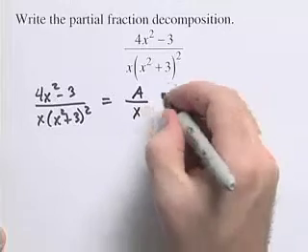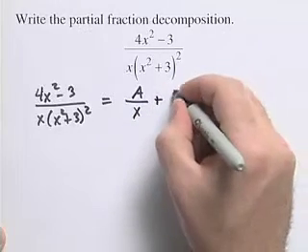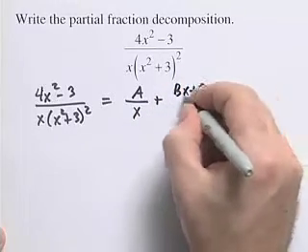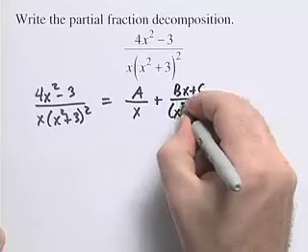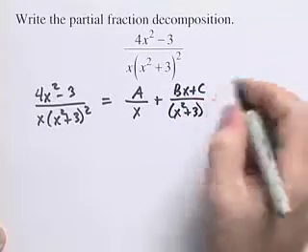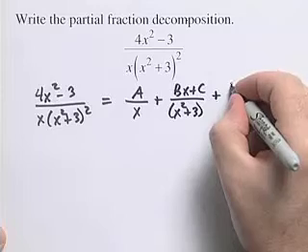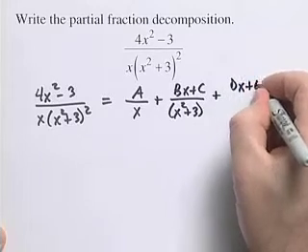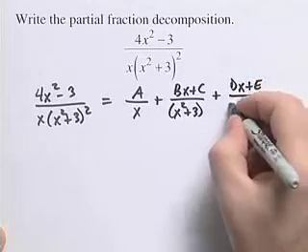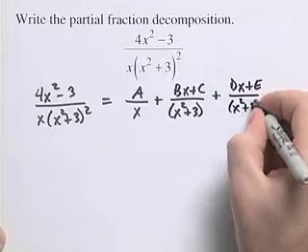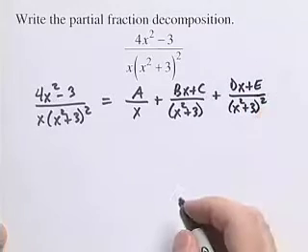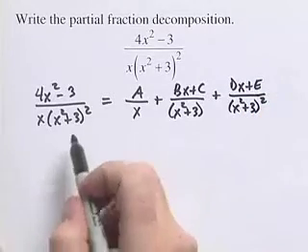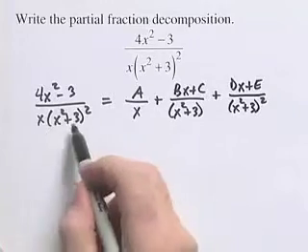A divided by x, our linear factor, plus (Bx + C) over (x² + 3), that's our quadratic factor, plus (Dx + E) over (x² + 3) quantity squared. We're going to clear the fractions by multiplying by this denominator.